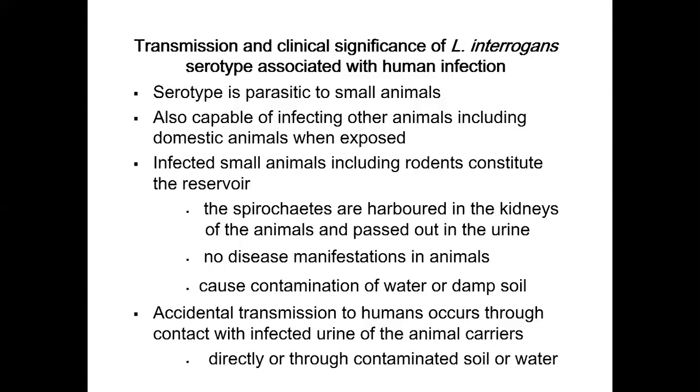So accidental transmission can occur to humans should one get into contact with areas which have been contaminated by the urine of those animals that are passing out the organisms, or if one gets into contact with the urine itself, the animal carrier. This can be direct contact, which is unlikely, or it can be more likely to be through contaminated parts like soil or water.